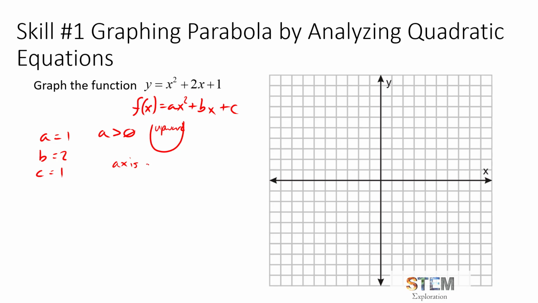So the axis of symmetry is always equal to x is equal to negative b over 2a for any given function that is in standard notation. So if we have 2 for b and 1 for a, we can write the axis of symmetry for this as negative 2 all over 2 times 1. And so the axis of symmetry for this given example is at x equals negative 1.